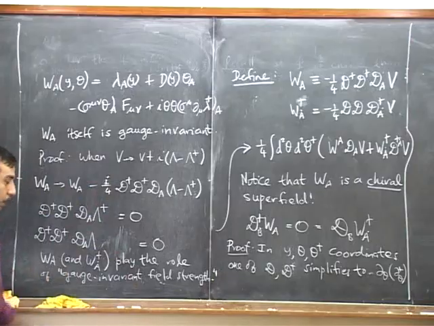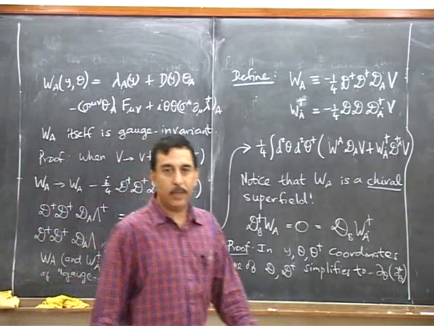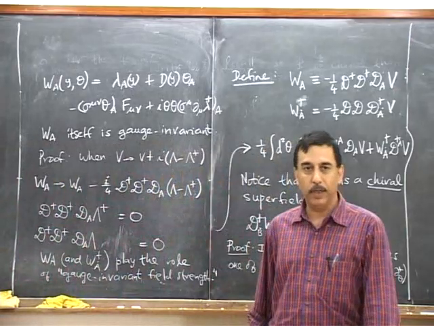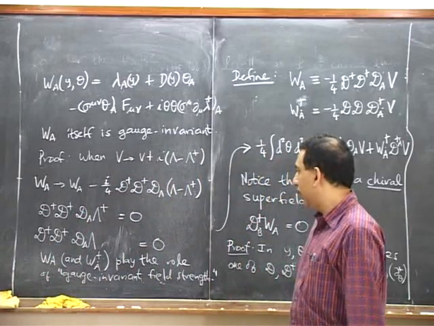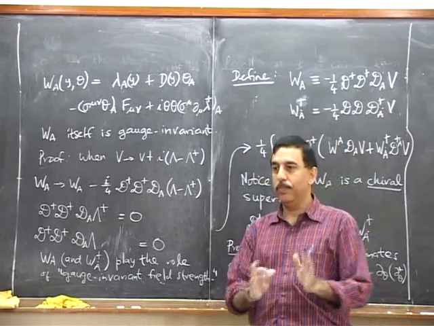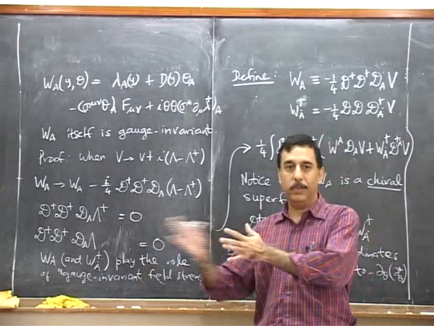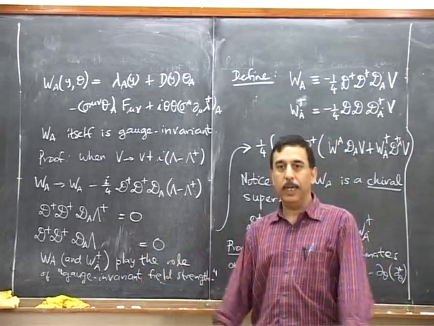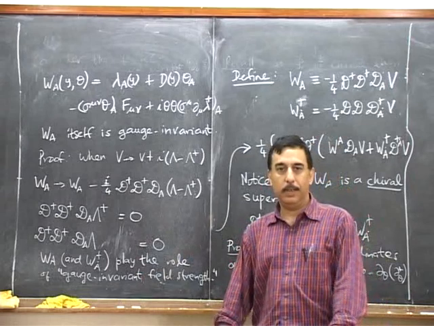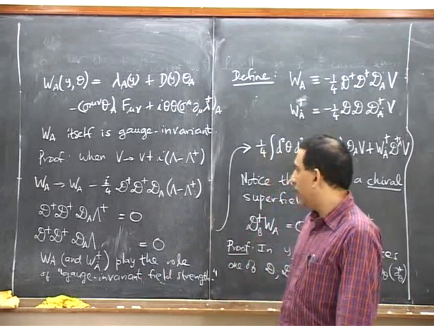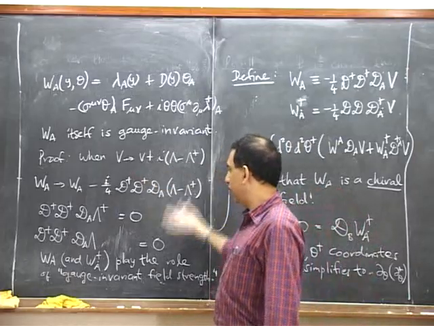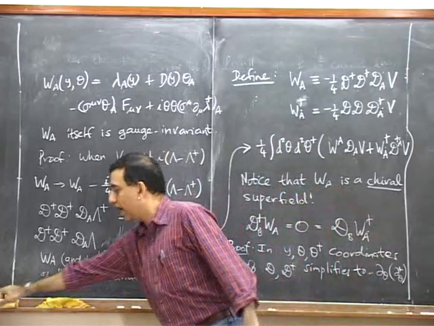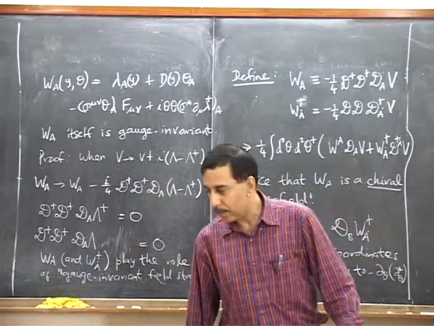Now you surely know that in non-abelian gauge theories, the field strength is not gauge invariant but just covariant. We'll be doing that next time. But for U(1) theories, it's very, very simple. The gauge potential transforms by a shift involving a derivative, and the gauge field strength is just absolutely U(1) invariant. And here we have W's, which are invariant when V undergoes this shift. So they are the strict analog of F mu nu.